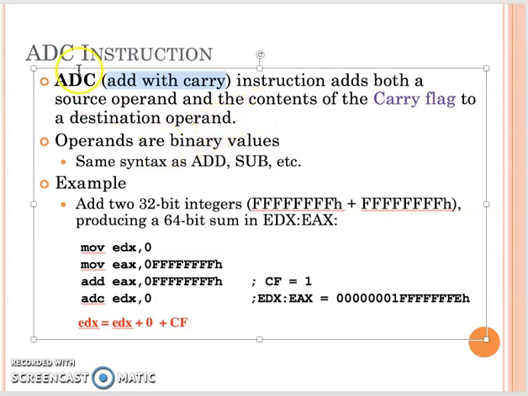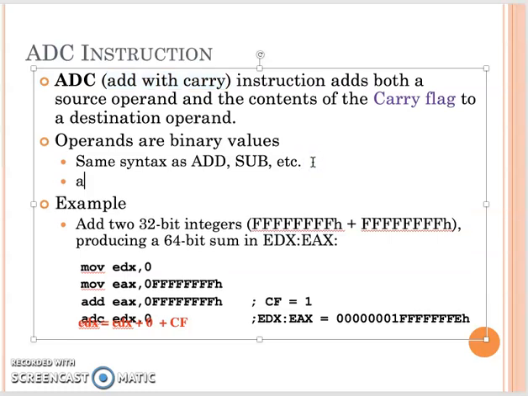The ADC instruction operand syntax is the same as add or sub. If you remember, in add and sub, we have add, then the destination operand and the source operand. The same thing for ADC.